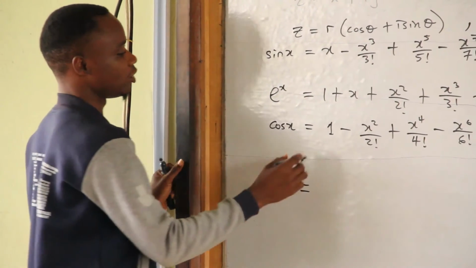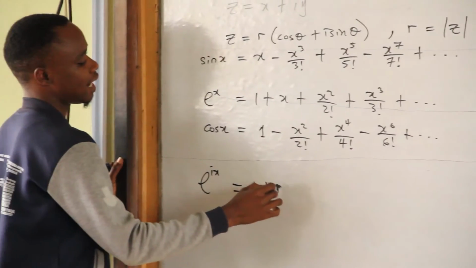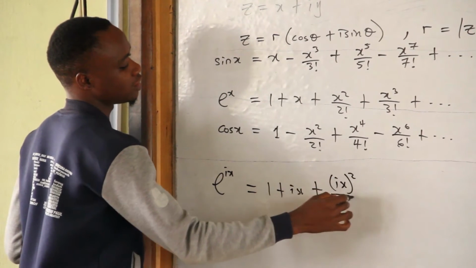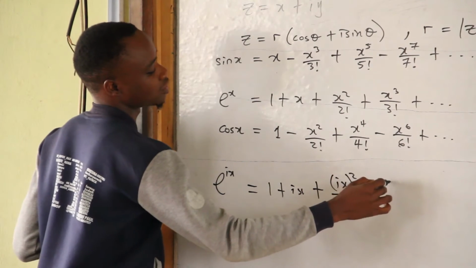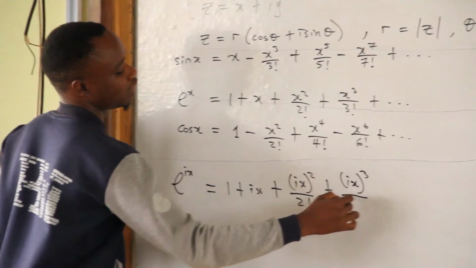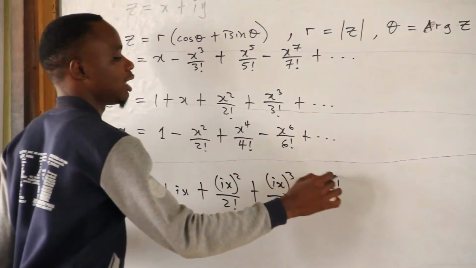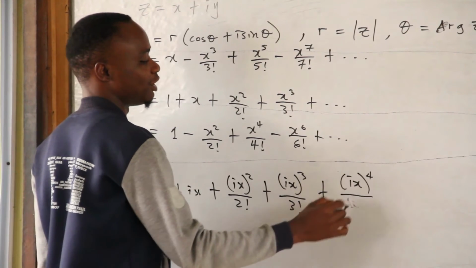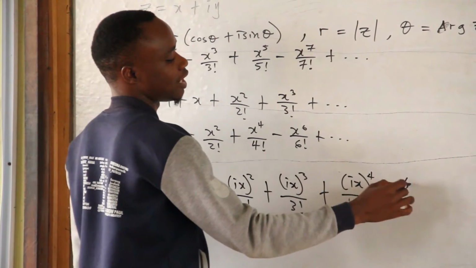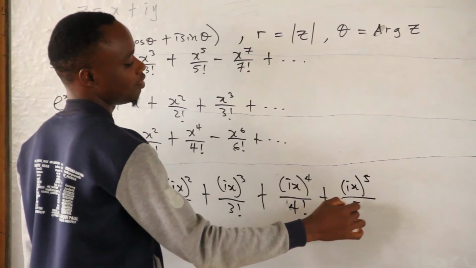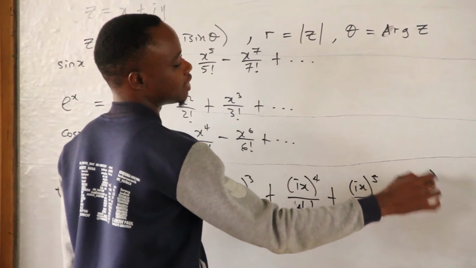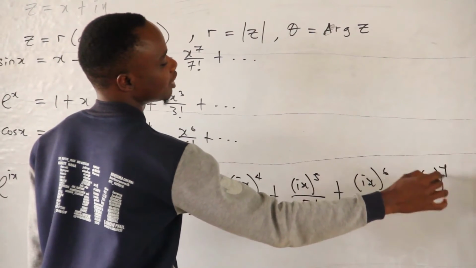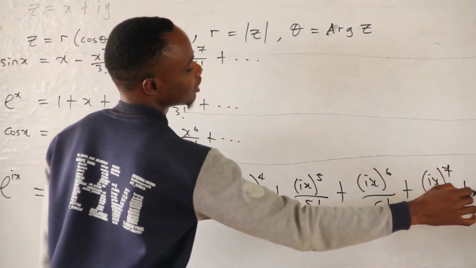So this is going to give you 1 plus ix plus ix all squared over 2 factorial plus ix raised to power 3 over 3 factorial plus ix raised to power 4 over 4 factorial plus ix power 5 over 5 factorial plus ix raised to power 6 over 6 factorial plus ix raised to power 7 over 7 factorial and so on and so forth.